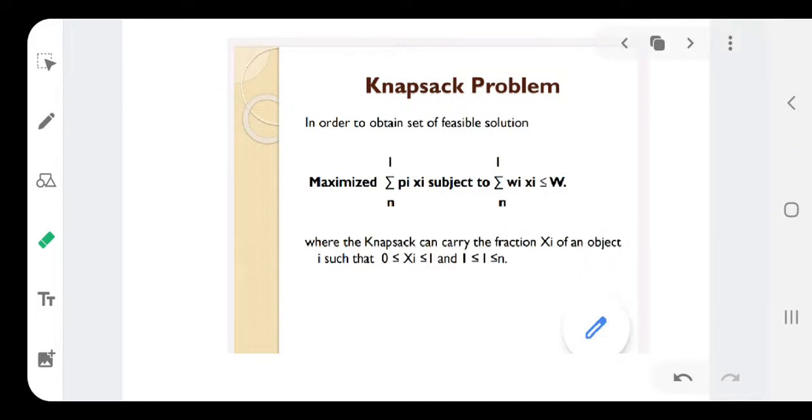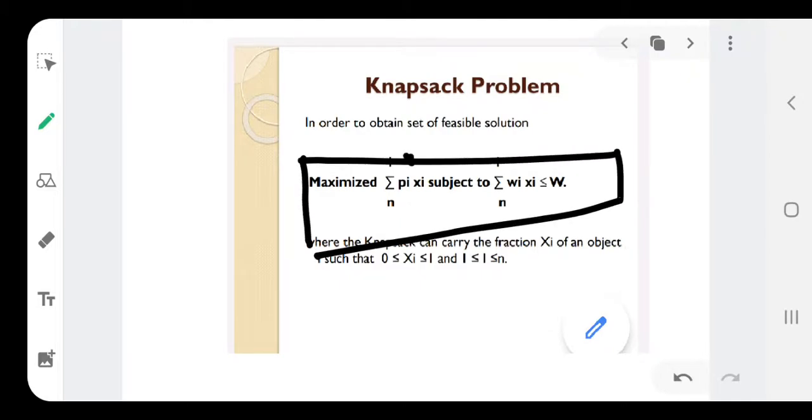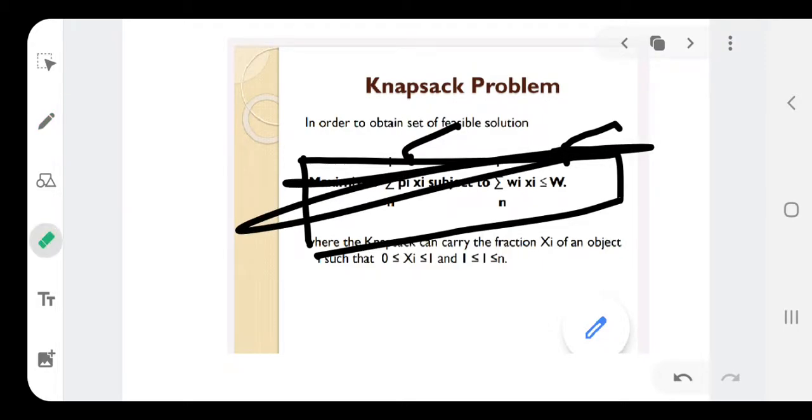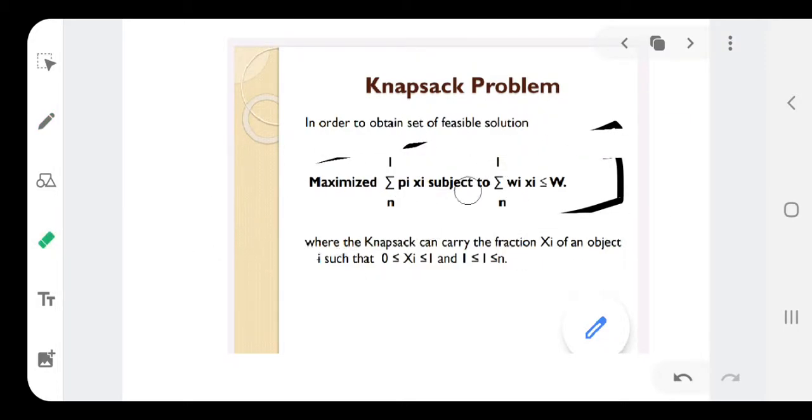So, in order to obtain a feasible solution, we have to select only those objects that give the maximum profit, and the total selected weight should be less than or equal to the knapsack capacity.